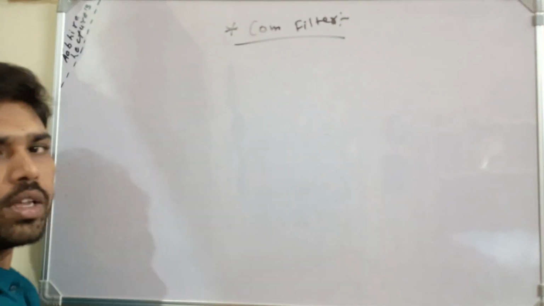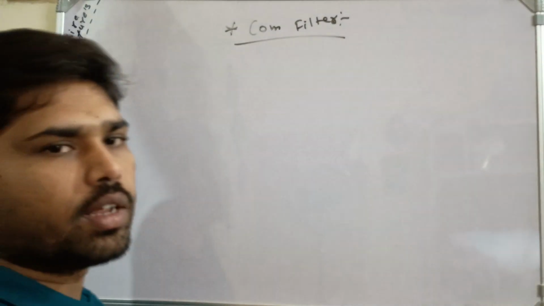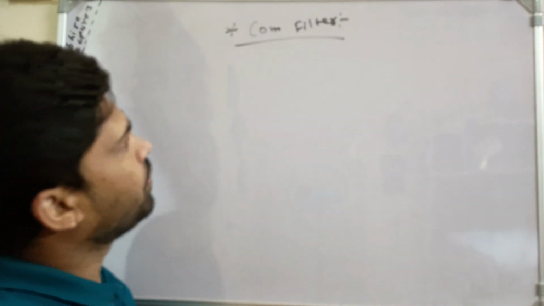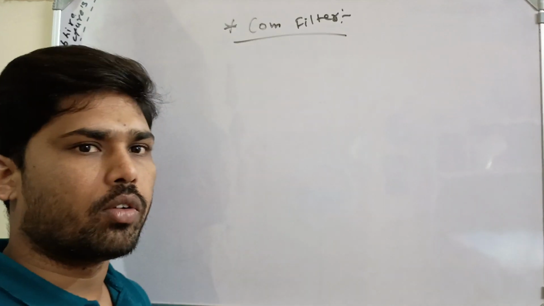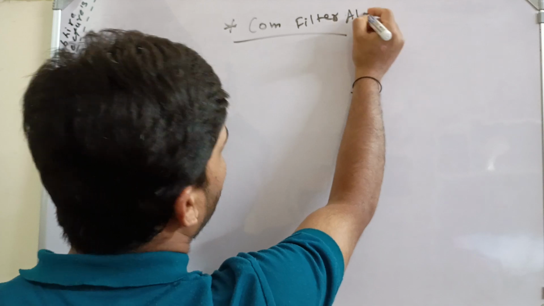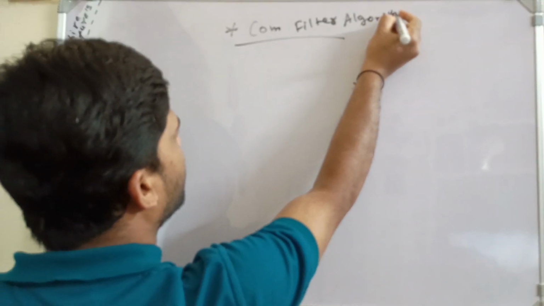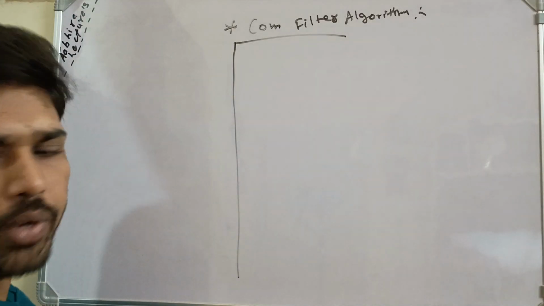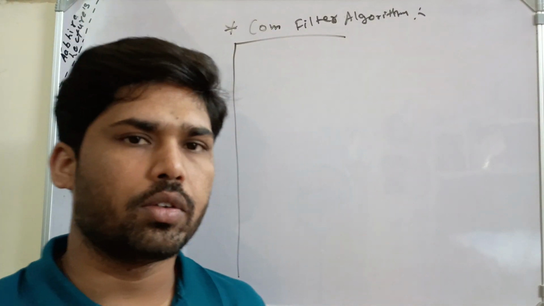Don't think it will come in com ipdu group, it will come in com signal. In the last video I discussed that this is the reference we have to give in the com signal. So com filter algorithm, and what are the parameters which we have to configure, that we are going to discuss.